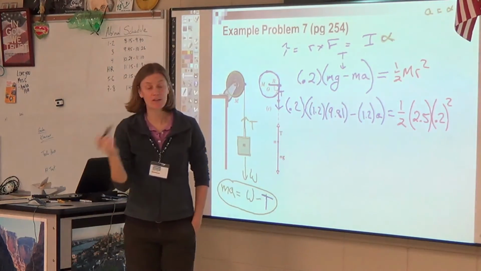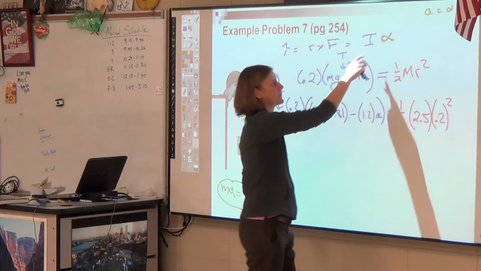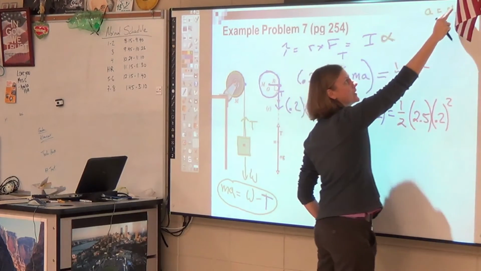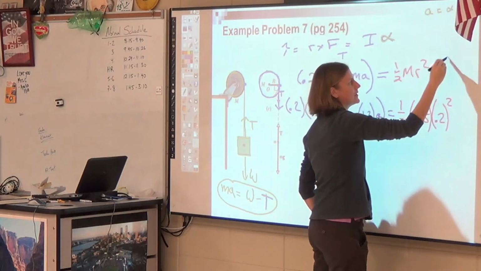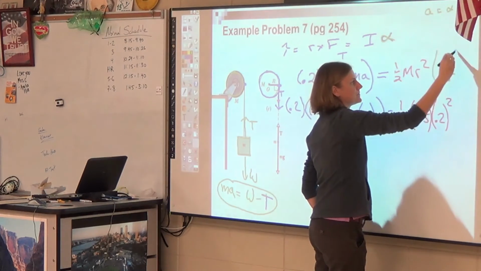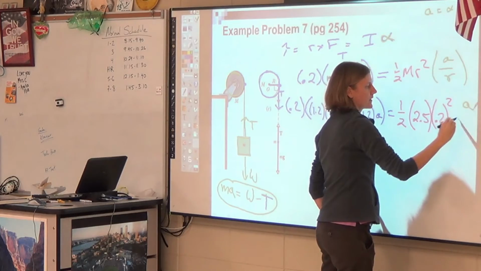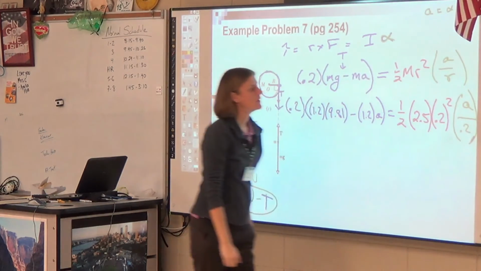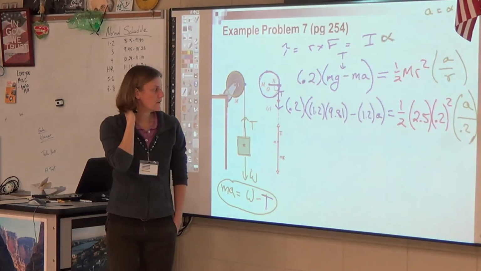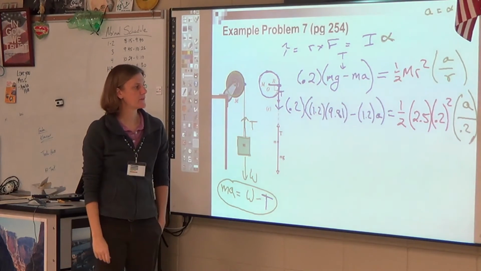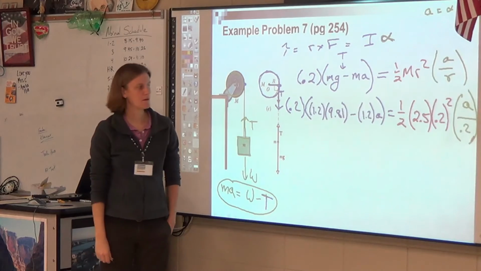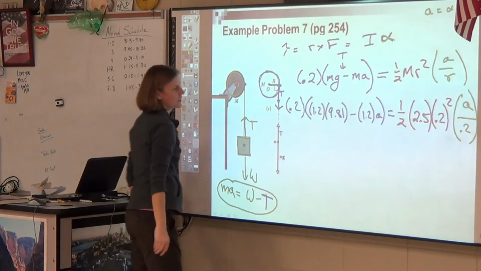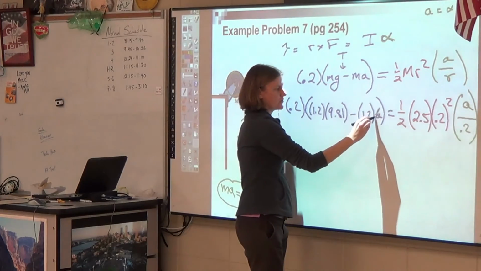So we got to pull that one in too, because I don't know anything about alpha, radians per second squared, and I wanted to find A anyway. So if I divide by R, that should be set up. So it makes for a lovely long equation. You got to be a little careful because you have A in two spots.